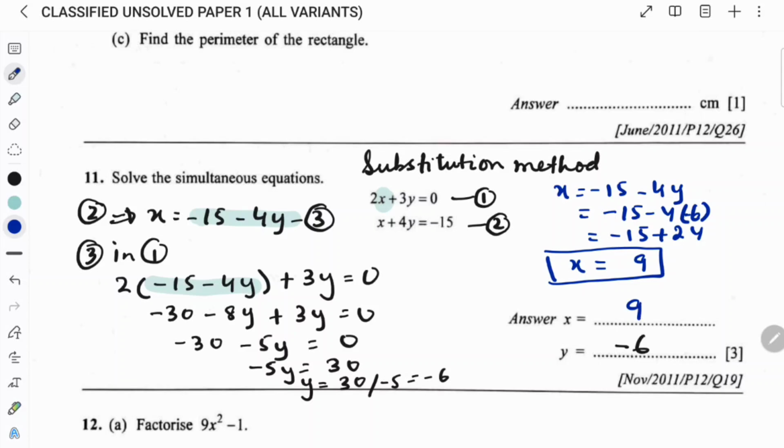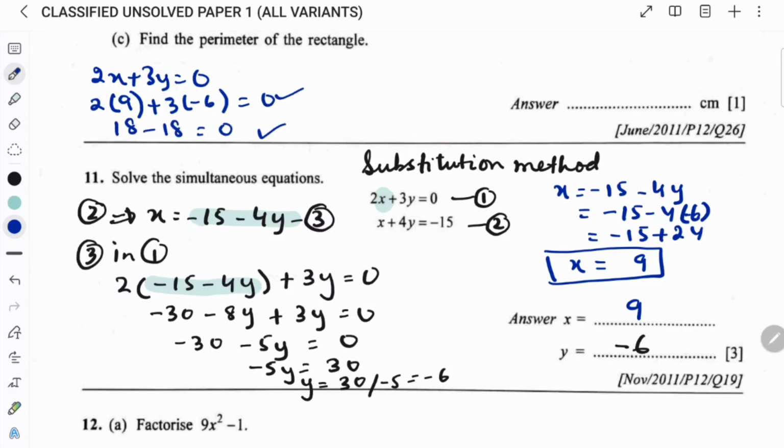If you want to check, I'm just showing you how to check it. The first one, 2x plus 3y equals 0: 2 times 9 is 18, since x is 9 and y is minus 6, so 18 minus 18 is 0.